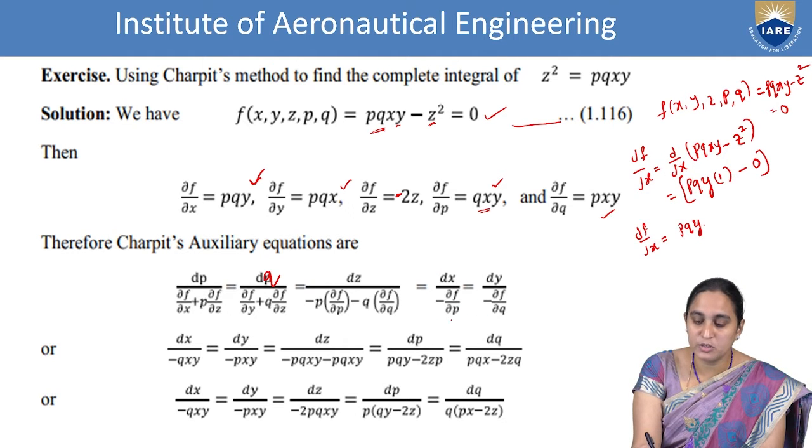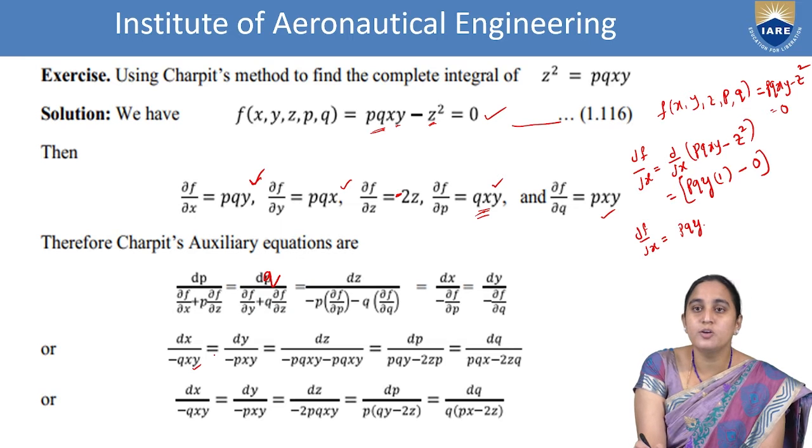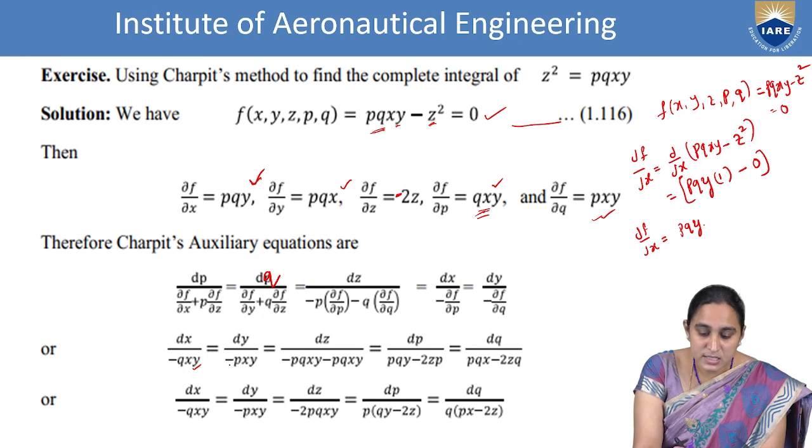Dou f by dou p is qxy, but in the formula there is a minus, so we get minus qxy. This is equal to dy by minus dou f by dou q. Dou f by dou q is pxy, so that is minus pxy, and that is equal to dz by, what is the formula of dz by here?